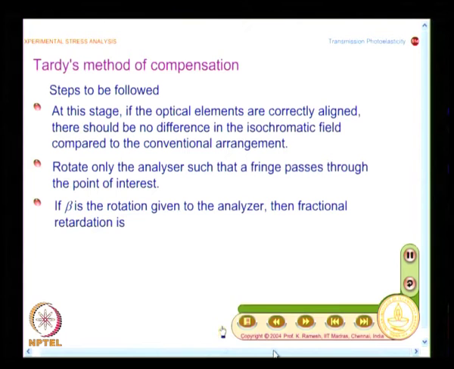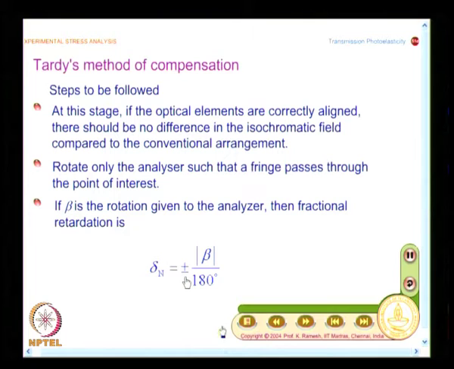And what I said was, suppose beta is the rotation given to the analyzer, then the fractional retardation is given in terms of fringe orders. When I write it as simply delta, it is in radians. If I write it as delta suffix n, it is in fringe orders, and this is given as beta by 180 degrees, and the sign has to be fixed based on heuristic information.